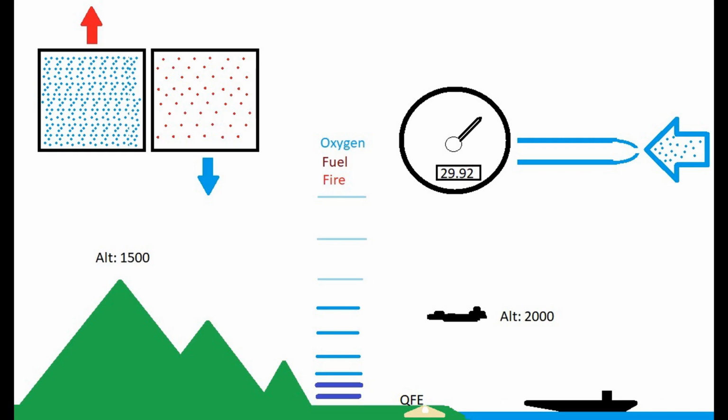Say for instance, you set QFE, but that's below sea level. You've got the autopilot on, you put it into a turn or whatever, you increase the altitude, but the altitude's not increased enough because the aircraft thinks it's at 2,000 feet, when in actual fact it's only at 1,000 feet. You know that the mountain is 1,500, you think, I'm safe.